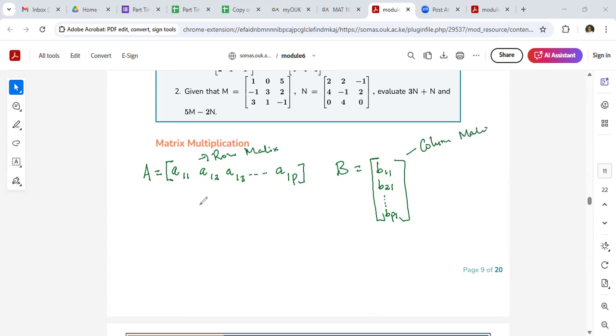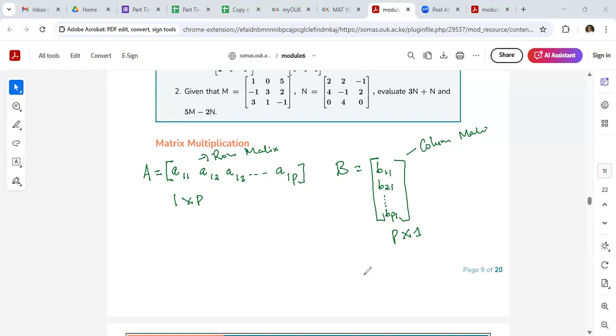So a row matrix has one row and p columns. So the order of the matrix here is 1 by p, and the order of the matrix here is p by 1. A column matrix has one column and several rows, p by 1.